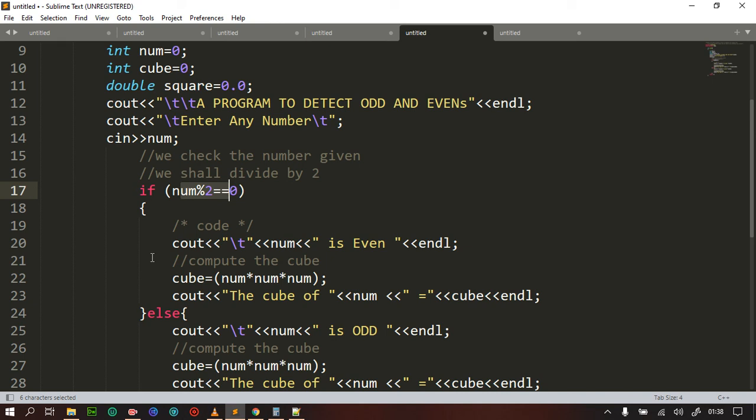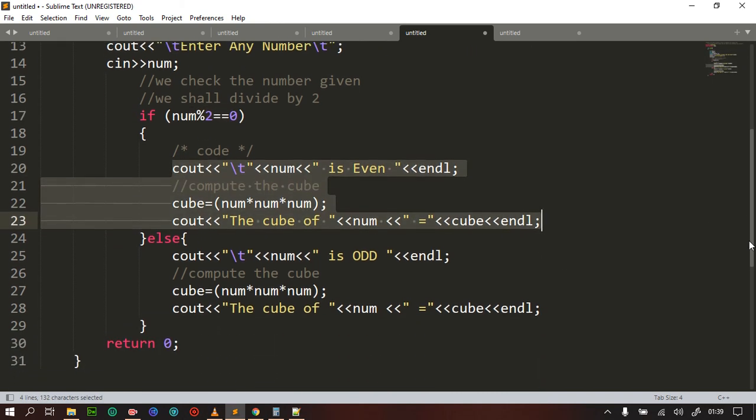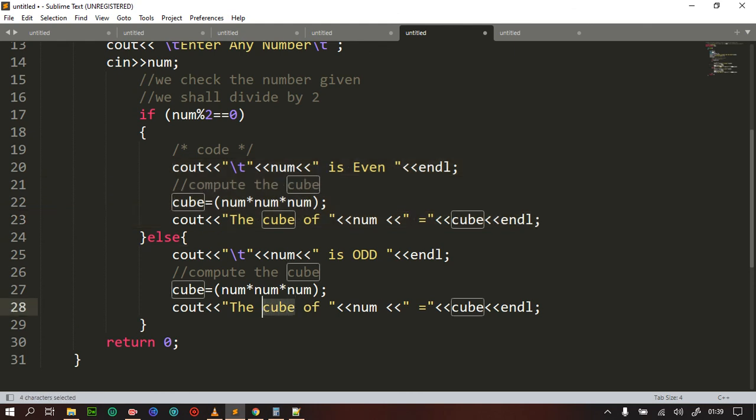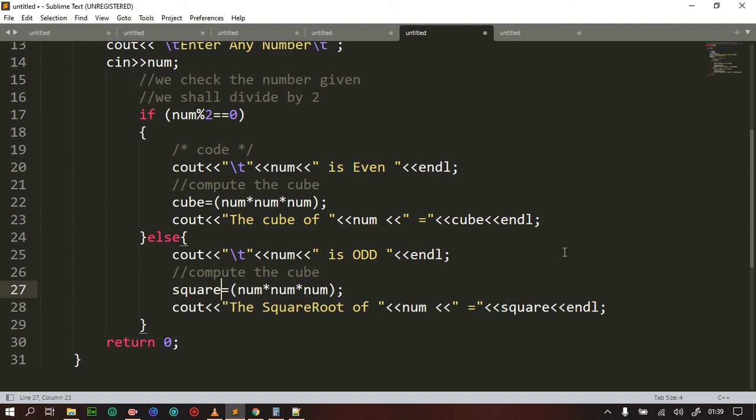That is why we set the even bit to true. So where it doesn't equate to even, then it opts for the falseness of it. So here we shall say square root of num. This one is going to be square, but remember around here we need square.